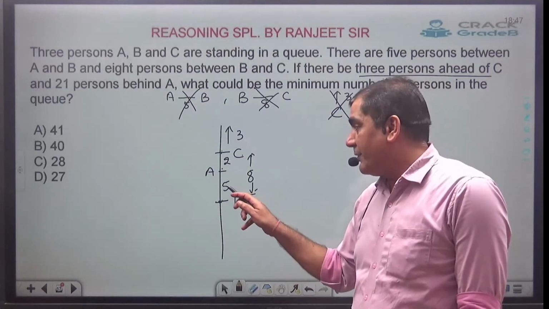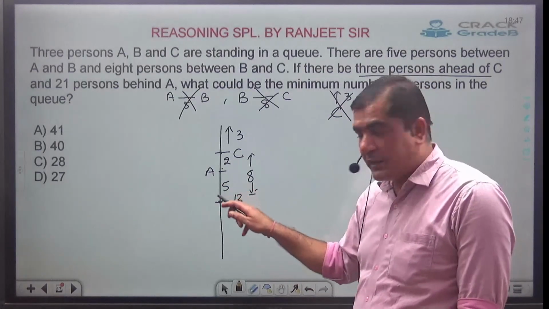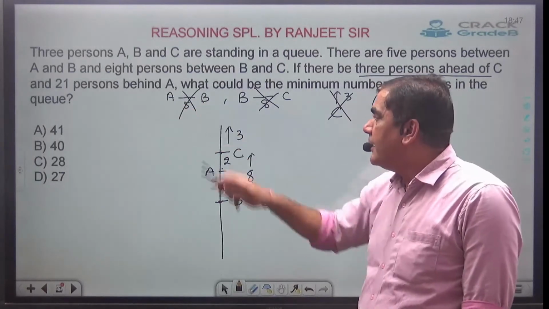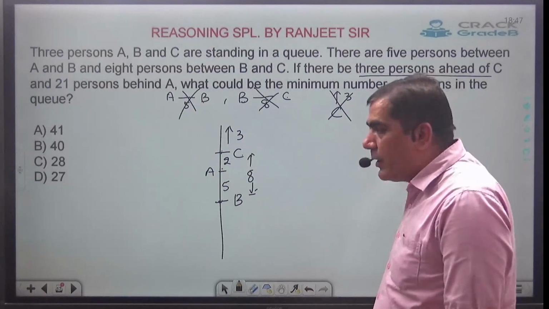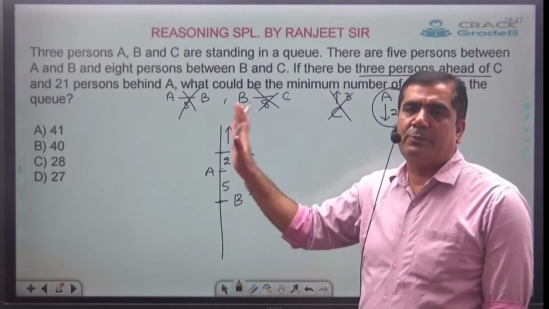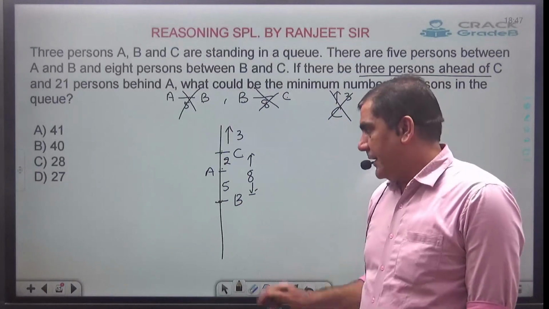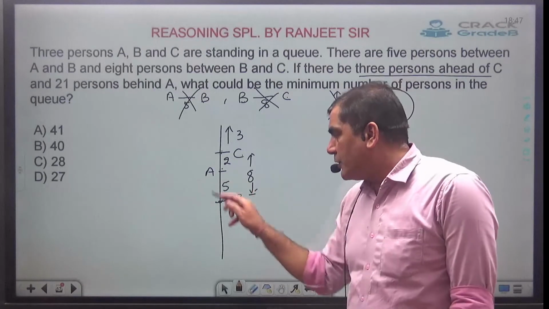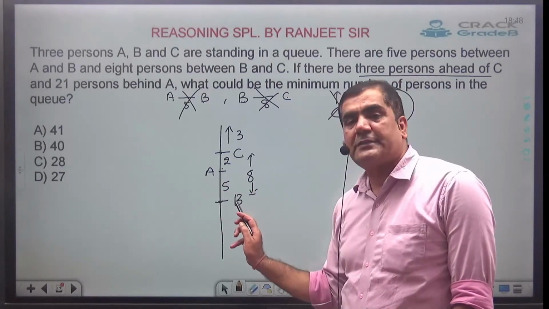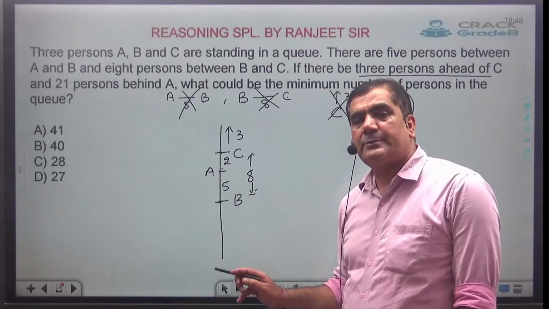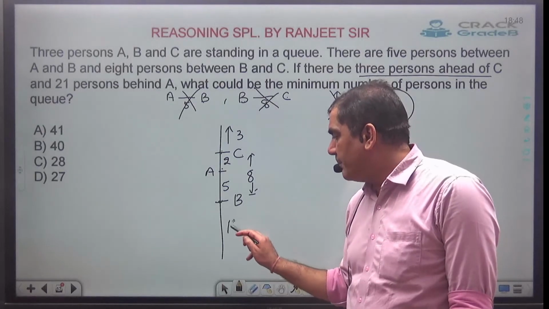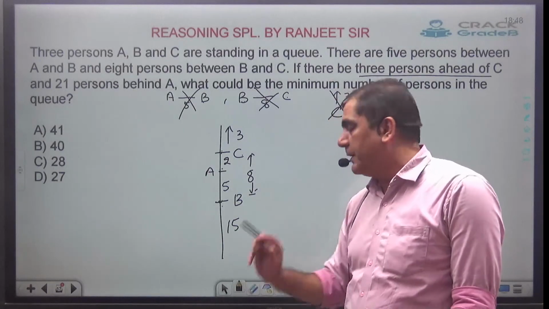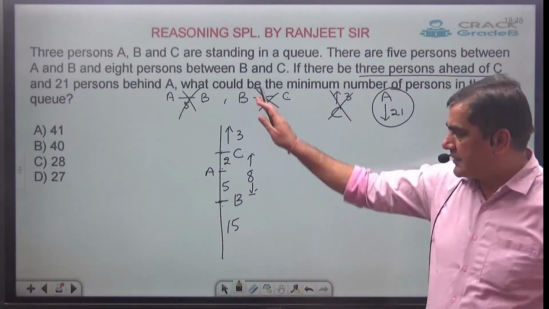Means I have counted these 5 students between A and B, between B and C, and below A also. That's the beauty of this problem. Clear? So after A there must be 21. Out of 21, 5 and 1, 6 has come. So 21 minus 6 comes out to be 15. So 15 must be below B. From here to here must be 15. And this is the arrangement.